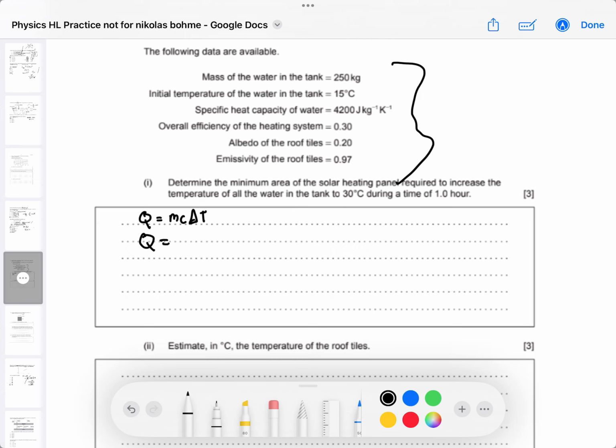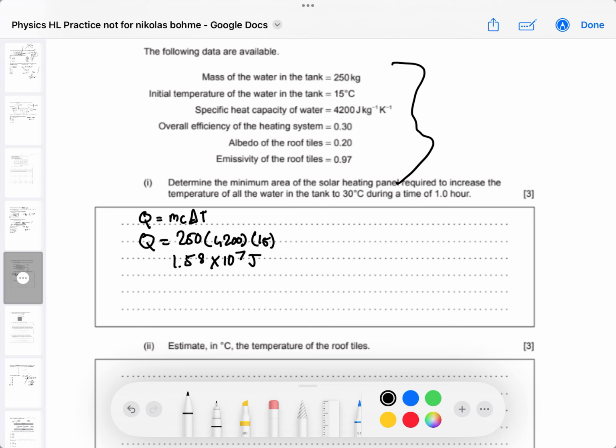So Q will be 250 kilograms of water times 4,200, the specific heat capacity of water, times the change, 30 minus 15, which is 15. Entering this into your calculator will give you about 1.58 times 10 to the 7 joules of thermal energy required to raise the temperature.